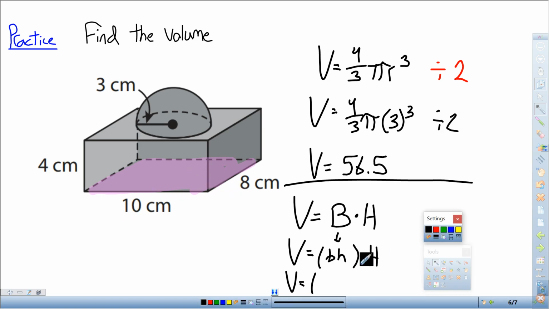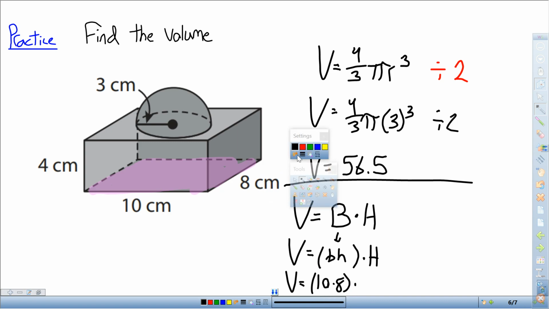Then the height of the entire prism goes from one base to the other, so 4. 10 times 8 times 4, I'm getting 320.